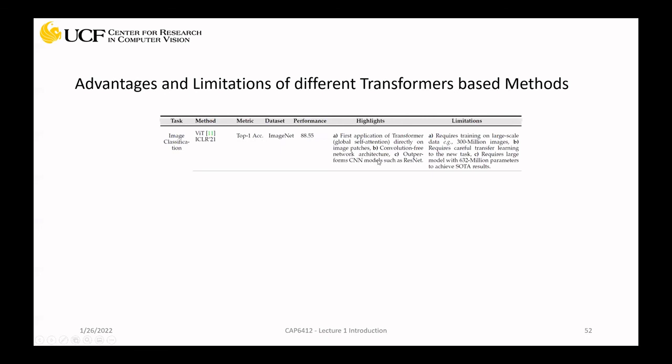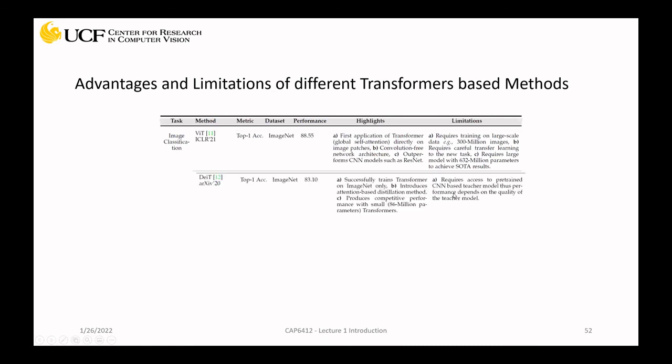It's convolution free and outperforms CNN models such as ResNet. But the limitation was it was trained on the JFT, 300 million images. So that was one problem, and other was, of course, that it has large model, 632 million parameters to get the state of the art results.